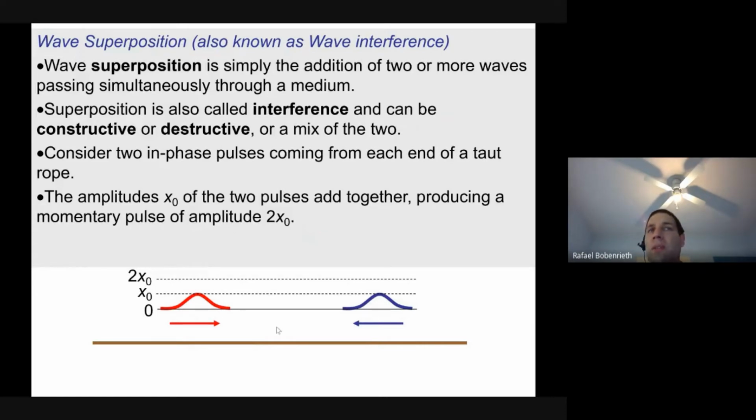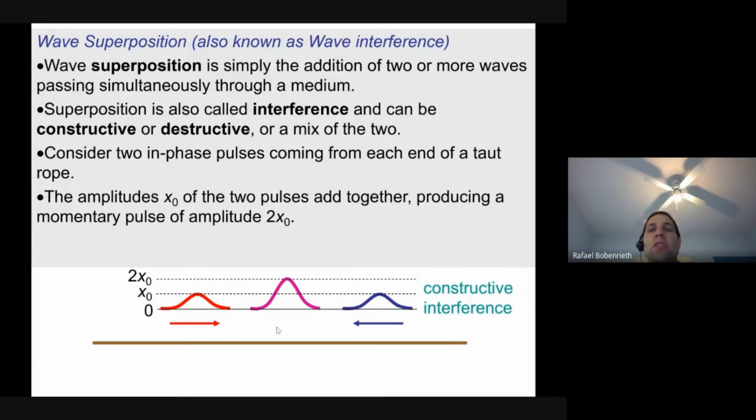You can also think of it as crest meeting crest, and I'll probably say that a lot. Crest meets crest in constructive interference, or compression meets compression. If either of those cases happen, then you get constructive interference, meaning the resulting wave is bigger. It has a larger amplitude. In this case, it would have exactly twice the amplitude of either individual wave for that split second, because it's a simple addition of the amplitude of one wave with the amplitude of the other wave.